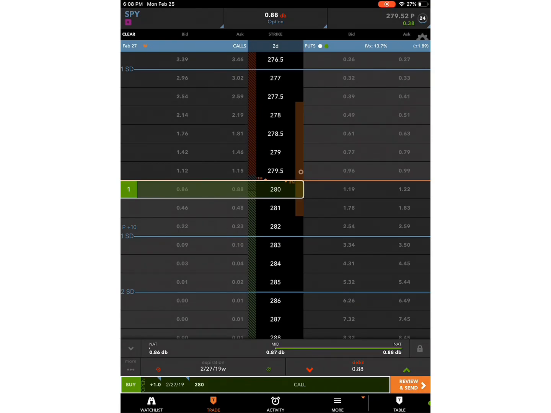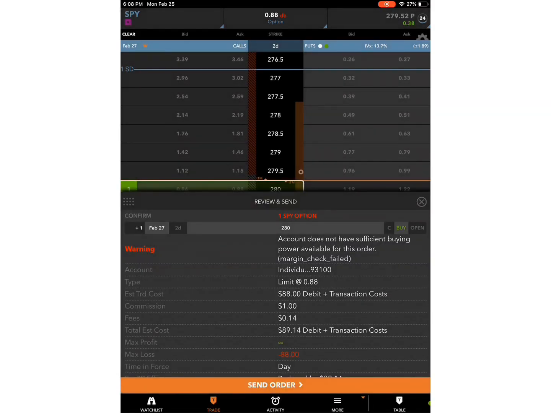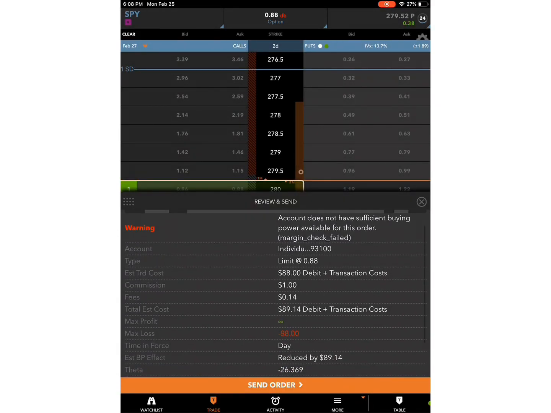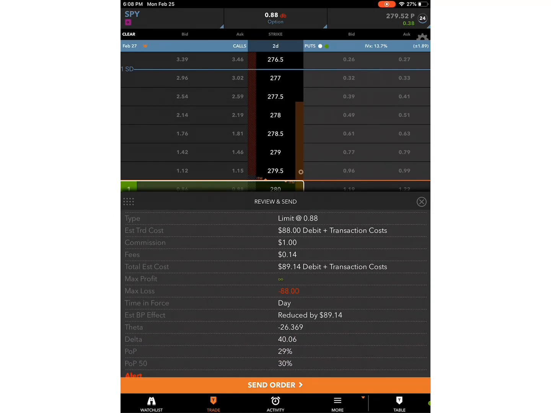So Tastyworks automatically puts it to the ask price. So that's a good thing because it makes you get in and out of trades quicker. Bam, I'll go review and send, and then it'll tell me my max loss, and it'll tell me all that pretty much. And yeah, then you'll send order, and that is how you place an option trade on Tastyworks.